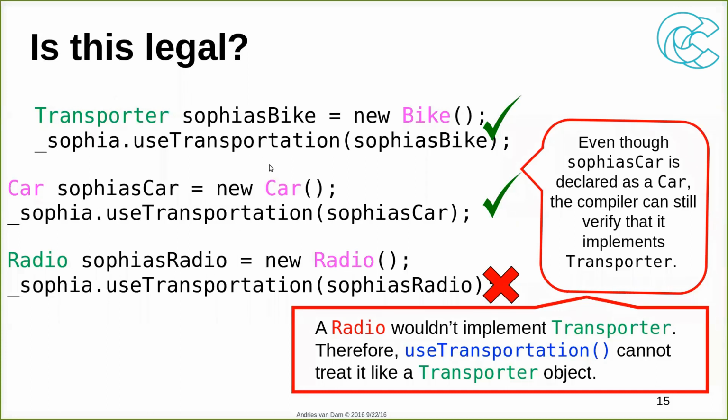Sir, if use transportation accepts a bike object and you pass sophiasBike, which is actually a transporter, then if you typecast it into a bike, it can't actually access the methods of the bike class because it is actually a transporter.